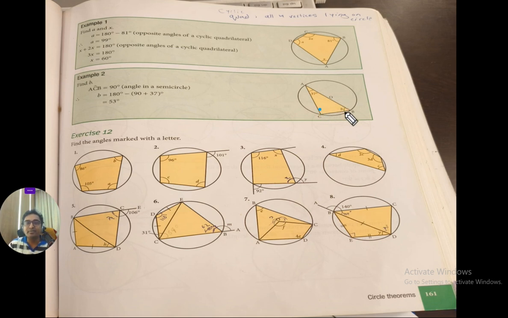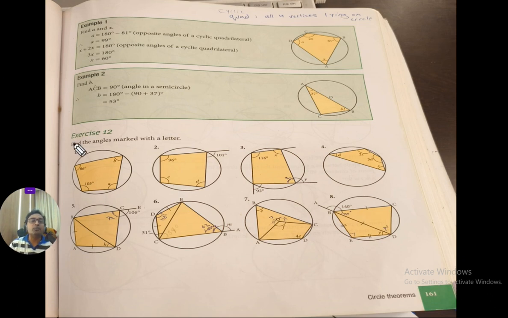Correct? So B is equal to 43 degrees. No, 53 degrees. 90, na, 53 degrees. 90 minus 37 is 53. Clear? So this is the example that we have discussed.